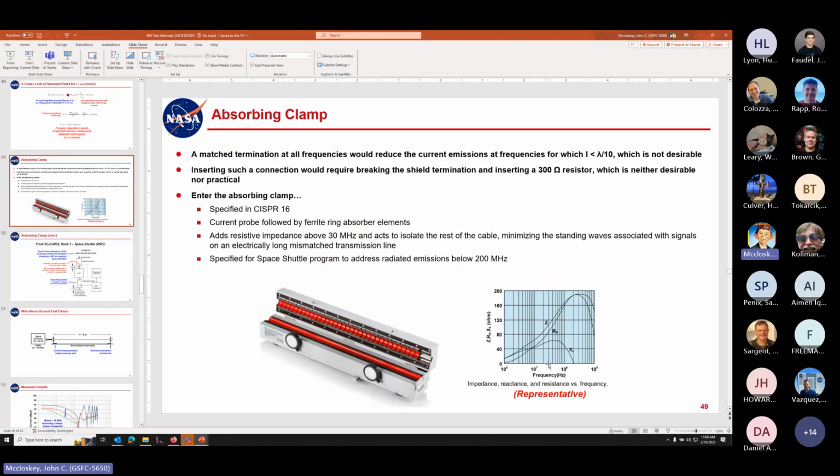This isn't a universal curve, but the general profile here is: X is the reactive contribution to the impedance, R is the resistive contribution, and Z is the total impedance that's being inserted. So at the low frequency end, that's starting at about a megahertz.